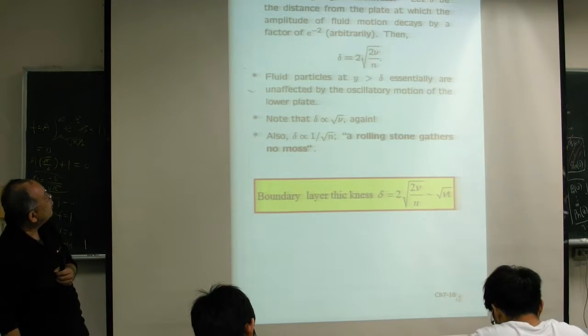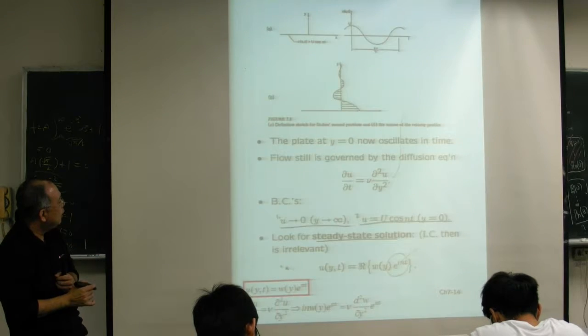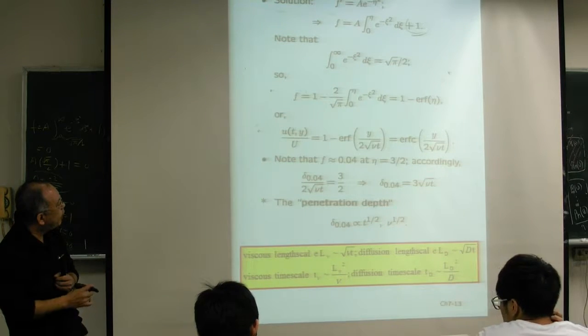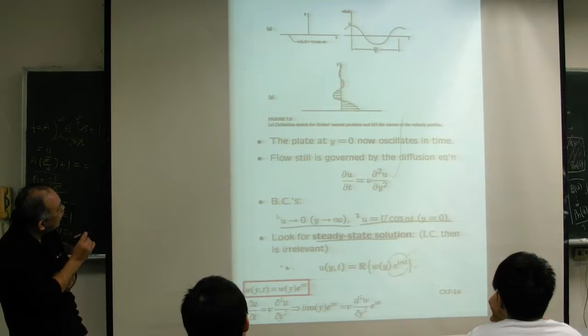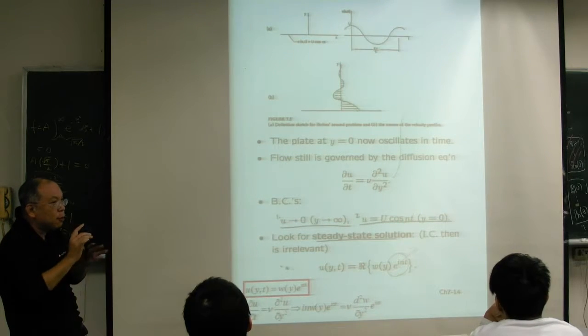And then we can have an idea similar to the previous penetration depth. We try to find how far the boundary thickness should be from the oscillating plate. When I define the boundary thickness, I mean that above this thickness the flow disturbance is very small.